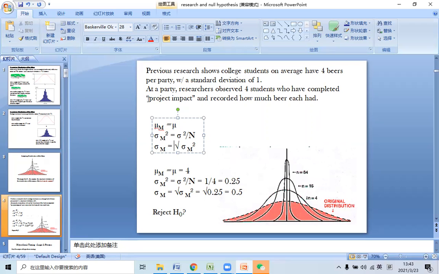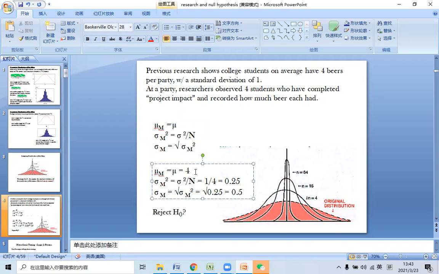For our drinking example, the mean is the same. For the distribution of individuals, you have a mean of 4 beers. If you take multiple samples and calculate the sample means, the mean of all the samples you take is going to be 4.